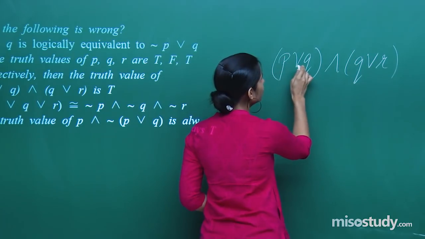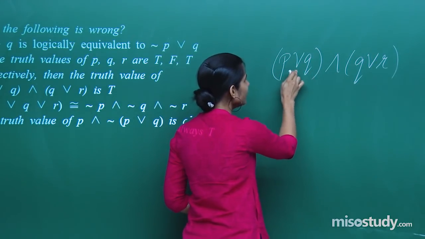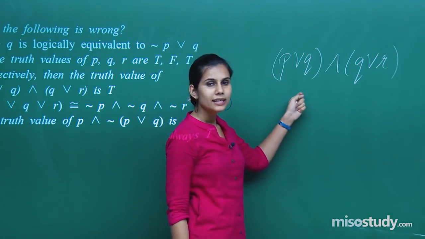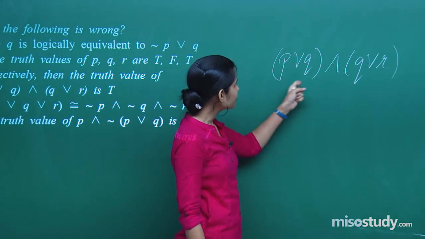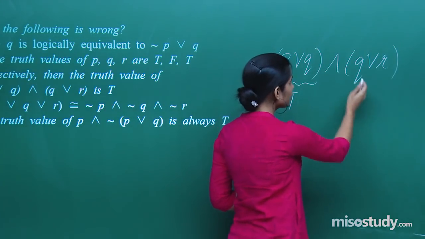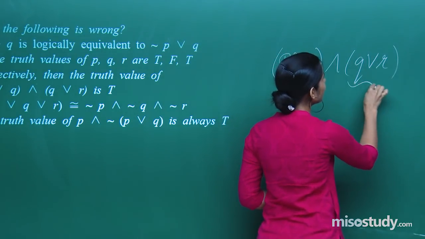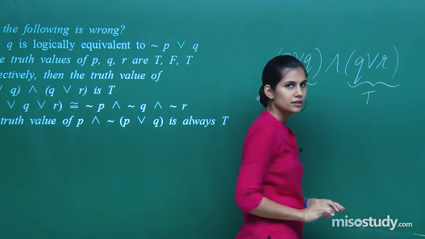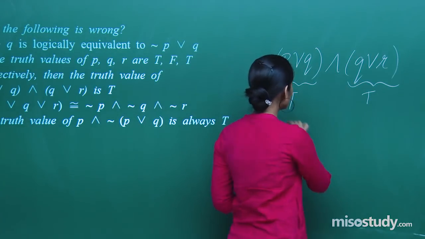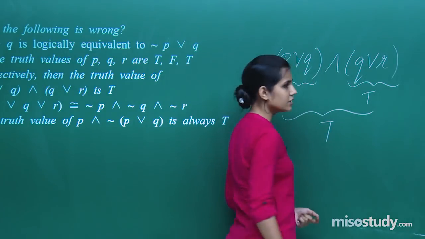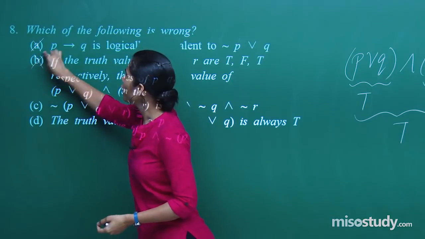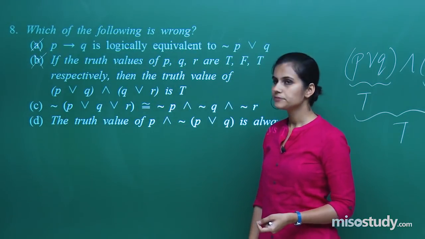If P is true and Q is false, P or Q is true when at least one of them is true, so this is going to be true. If Q is false and R is true, again this is going to be true. And this is an 'and': if this is true and this is true, this is true. So the truth value is true. This is again the correct statement, and for this question it is wrong.